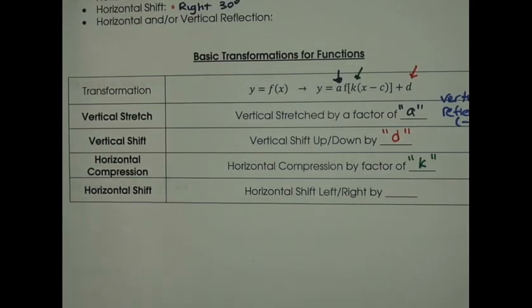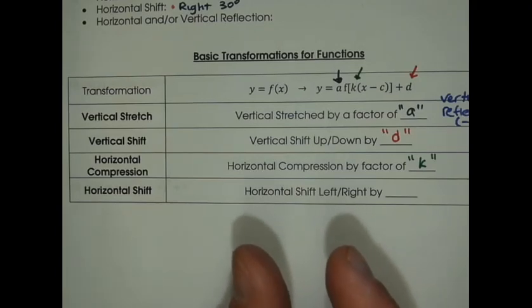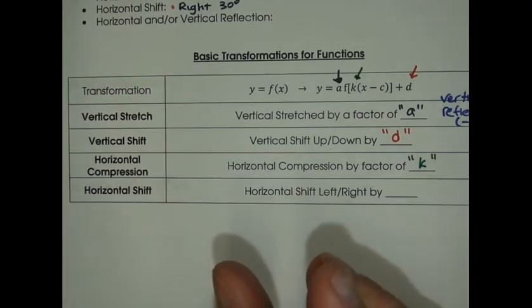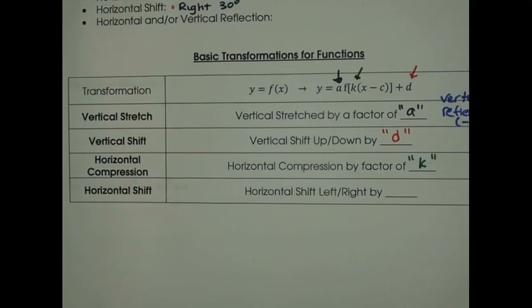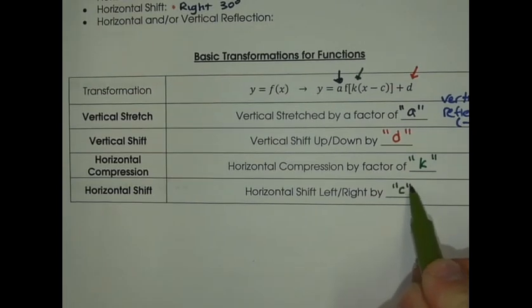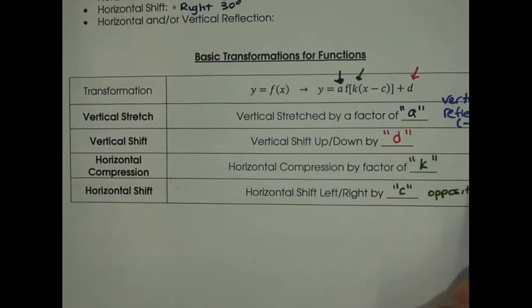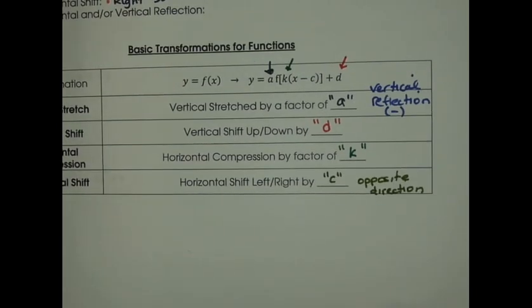So if it's a compression of 2, the graph is going to be skinnier. It's going to be pushed in by a factor of 2. And our shift is by C. Remember, this is the opposite direction.